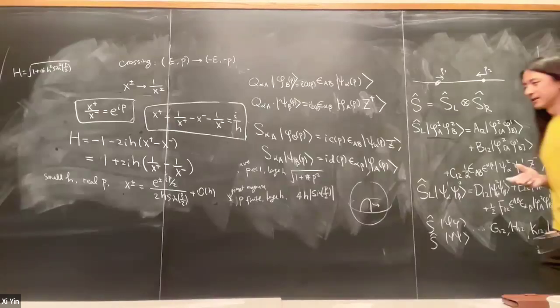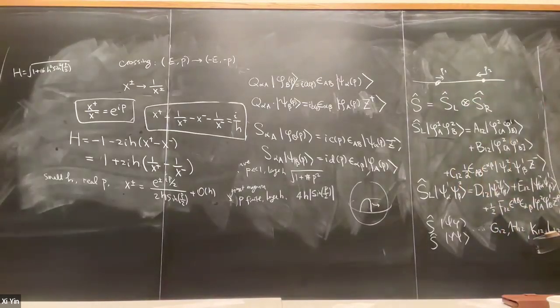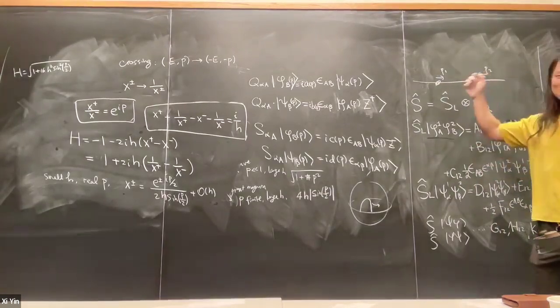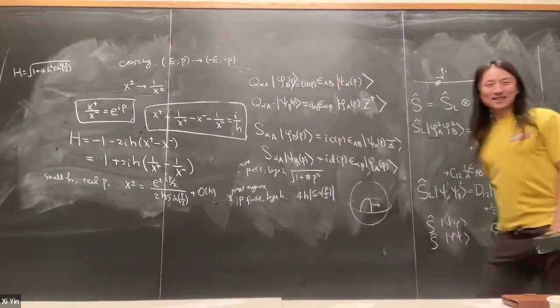In some sense, that may not come as a surprise, because why should there be crossing in the first place? The usual reasoning is that it's because it exists in the string worldsheets. There's a relativistic theory on the worldsheets. That's kind of the heuristics. It's totally not clear why, from the spin chain perspective, you should have such a thing as crossing, because it's not a discrete system. Why should you be allowed to continue the momentum?